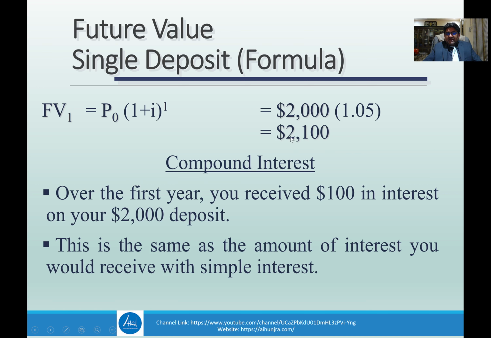Simple is only applied on the principal amount, not on both. Over the first year, you receive 100 in interest on your 2000 deposit. This is the same as the amount of interest you would receive with simple because the time period is 1.